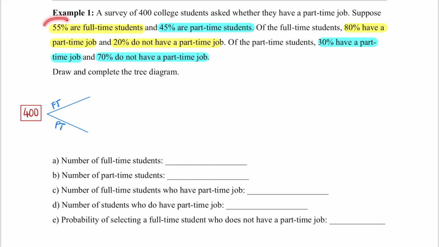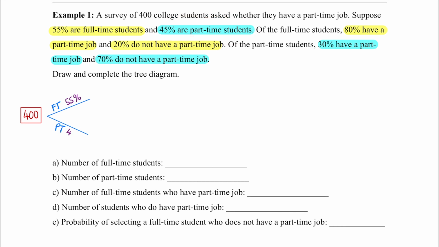Since 55% of the students are full-time, we label the full-time branch with 55%. Since 45% of the students are part-time, we label the part-time branch with 45%. Now, let's extend each branch.